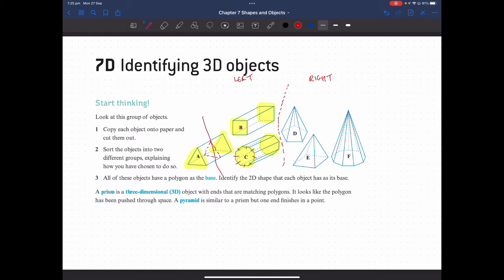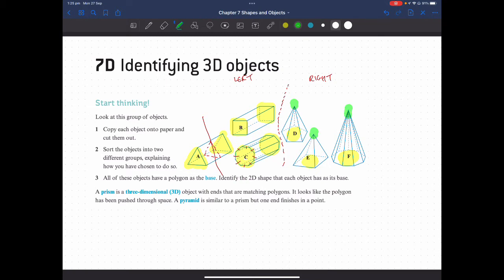Now, if we look at D, E, and F, each of them have a bottom, a base, and each of them finish at a point or an apex, which I've just marked in green.